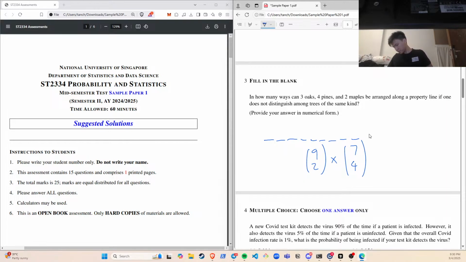So I grab out my trusty scientific calculator and do nine choose two times seven choose four. And the answer I get is 1260.